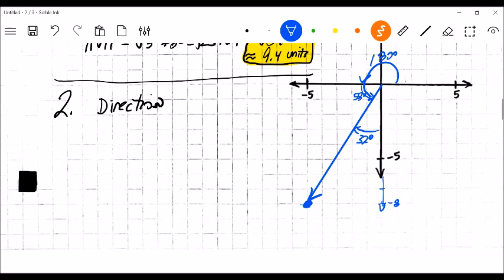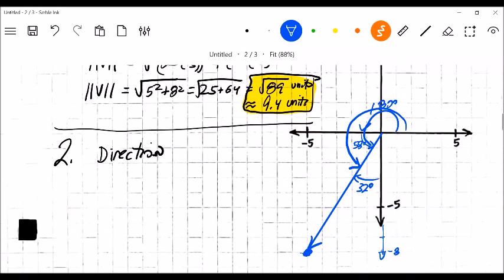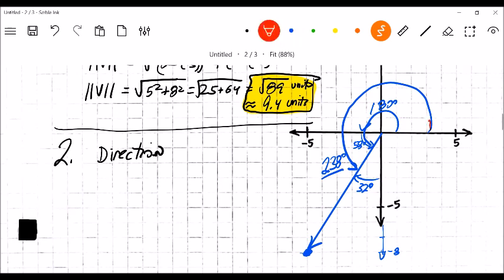So overall, coming around like that, 180 plus 58 is 238 degrees. So that's one of our two answers, because we're coming around like that. Let's write 238 degrees. That's A.